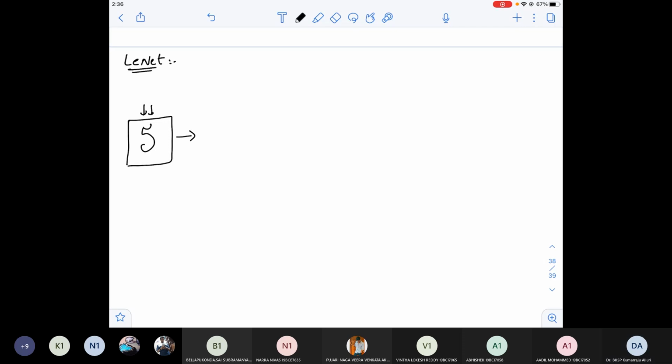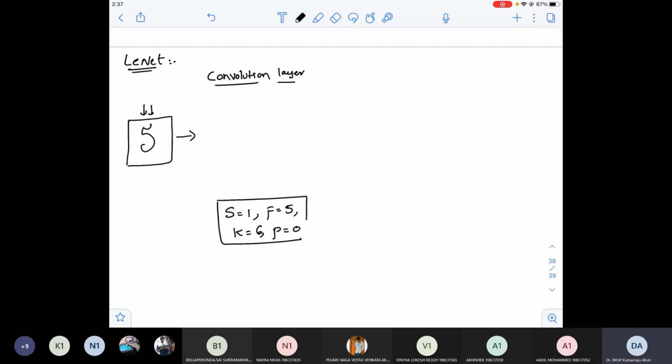First, I will apply the convolution operation, or I will have a convolution layer. As we have a hidden layer, I'm just calling this the convolution layer. In this convolution layer, I will apply stride S is equal to 1, filter F is equal to 5, number of kernels K is equal to 6, and padding is equal to 0. This configuration I have selected.